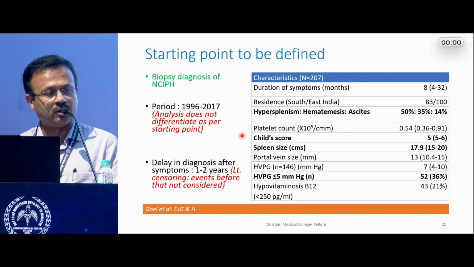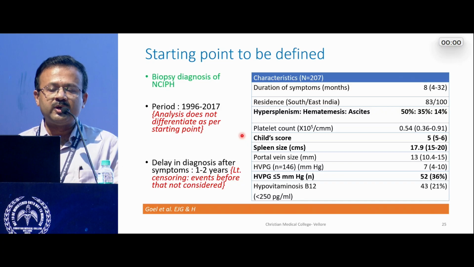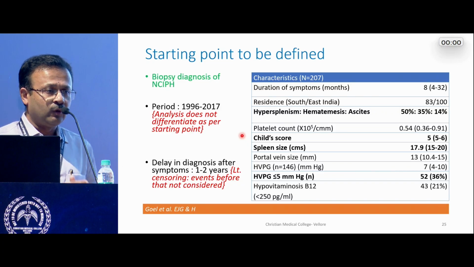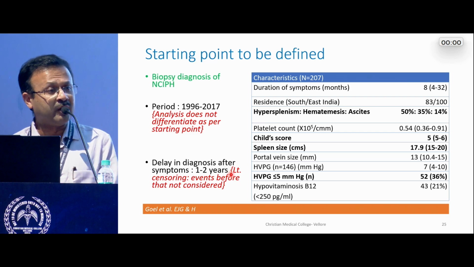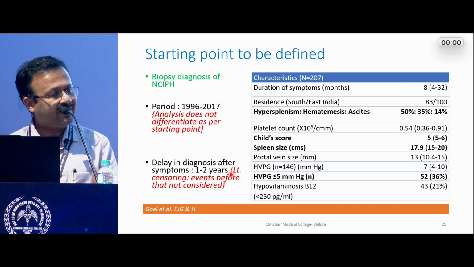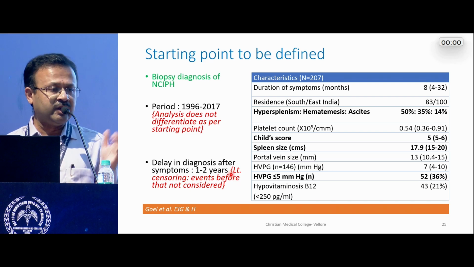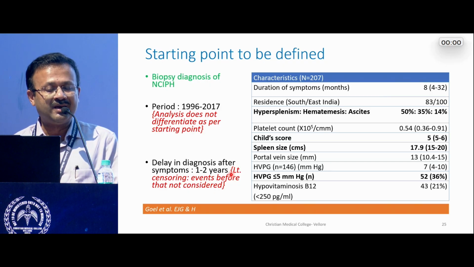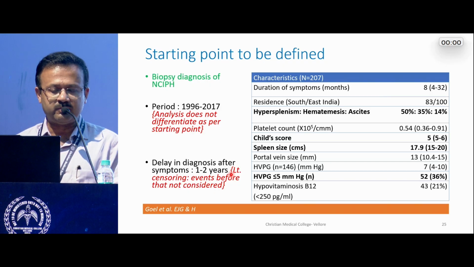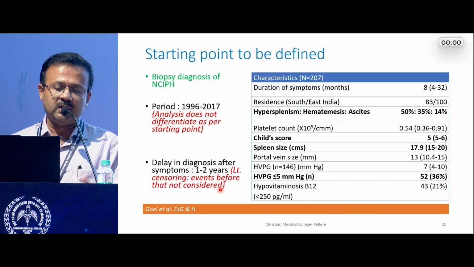These patients may have been symptomatic beforehand. Maybe we had a delay in diagnosis of 1 to 2 years in these patients, and they had symptoms prior to that. But we didn't include that time period in our analysis, and that may be a part of, we can say, left censoring of events before this diagnosis was considered.